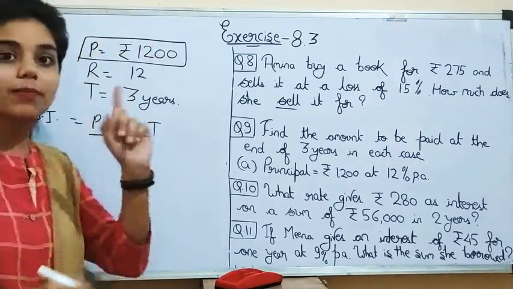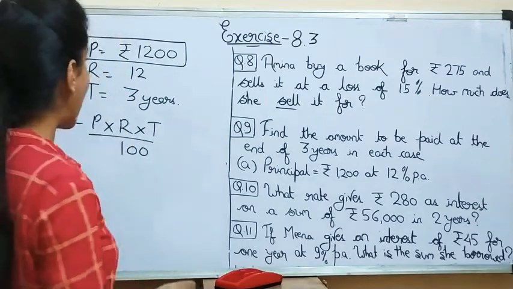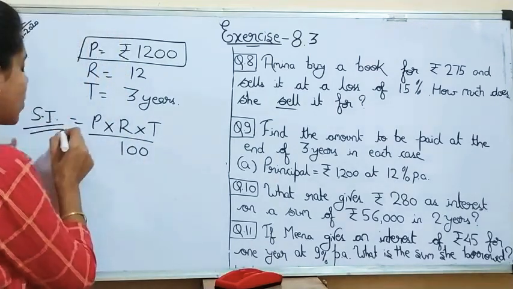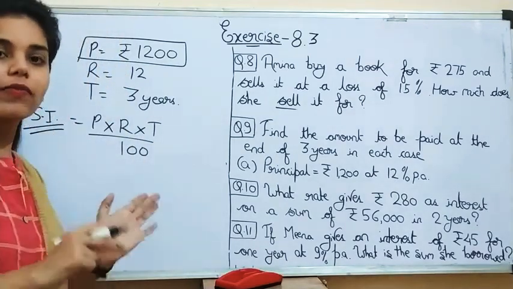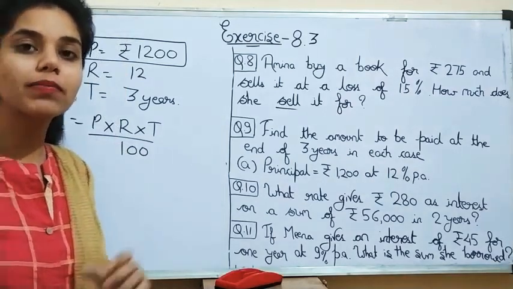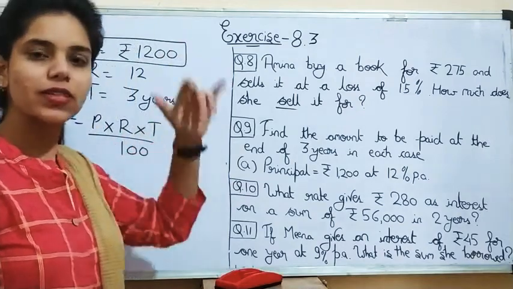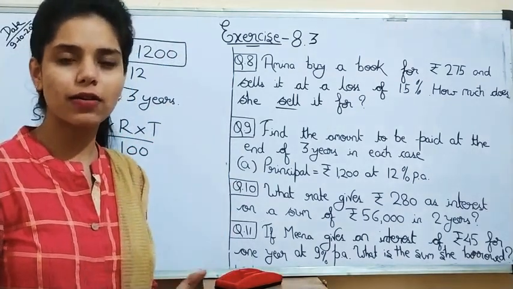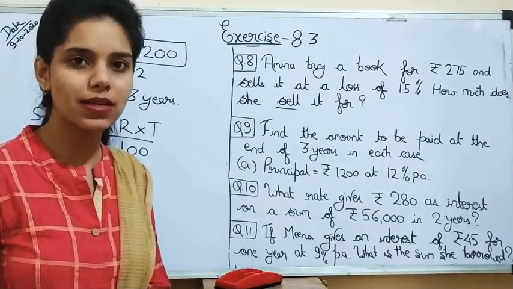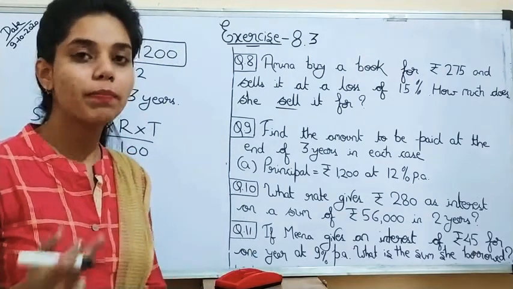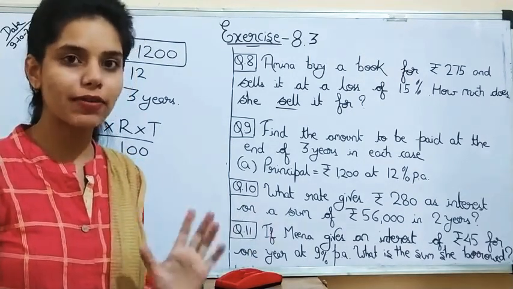So this is known as the principal amount, and after combining with interest, it will become the total amount. This is the principal amount which we borrowed from somewhere, either from a person, a shopkeeper, or the bank. It can be from anywhere else.